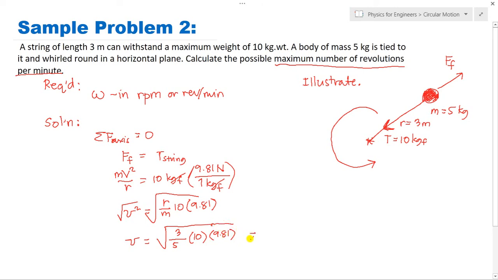So we now have a linear velocity of the square root of 3 over 5 times 10 times 9.81. So we have an approximate value of our linear velocity equal to 7.67 meter per second.